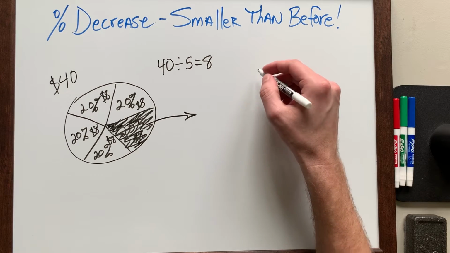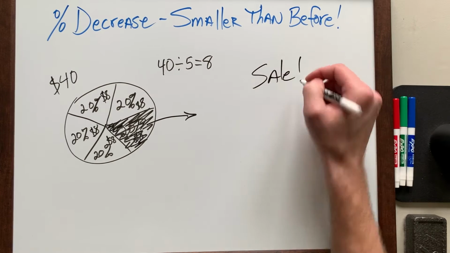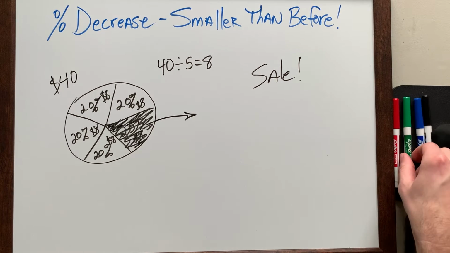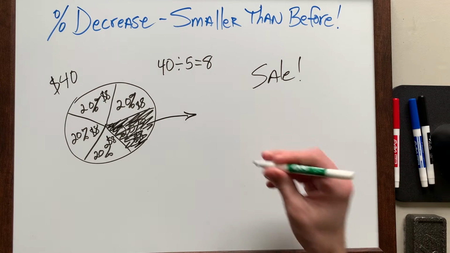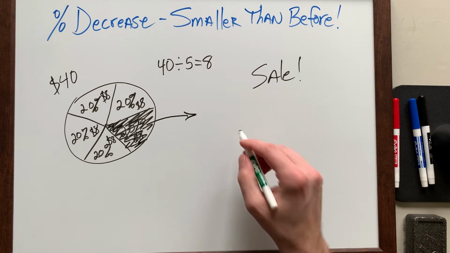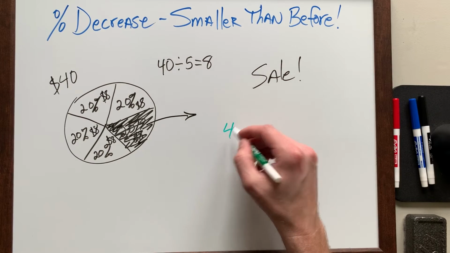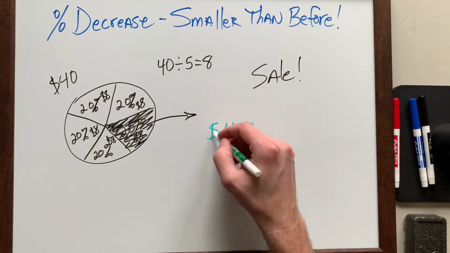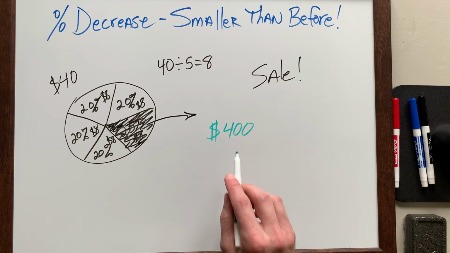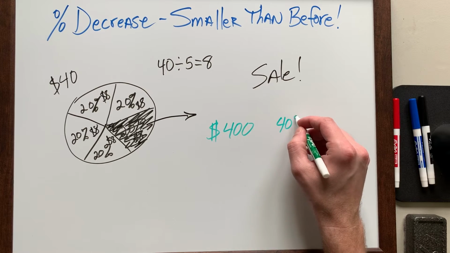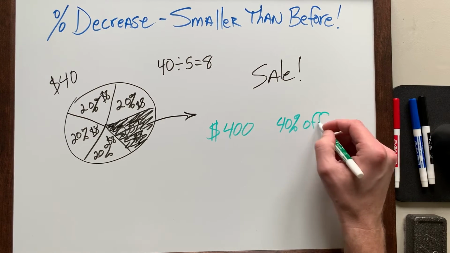With money, the most common way to talk about this is a sale. Black Friday shopping, everything's 50% off. That's what we're doing, a percent decrease. So let's take a look at an example of this. Speaking of Black Friday shopping, why don't we say that we're out shopping for a new video game system, and let's say that the price on the video game system that you wanted was $400, and now they're saying we're going to have a 40% off sale.